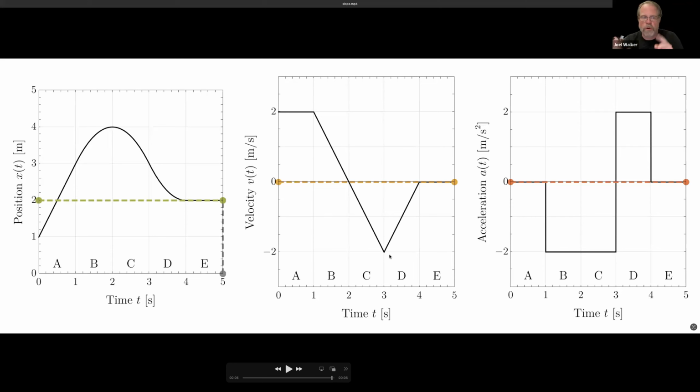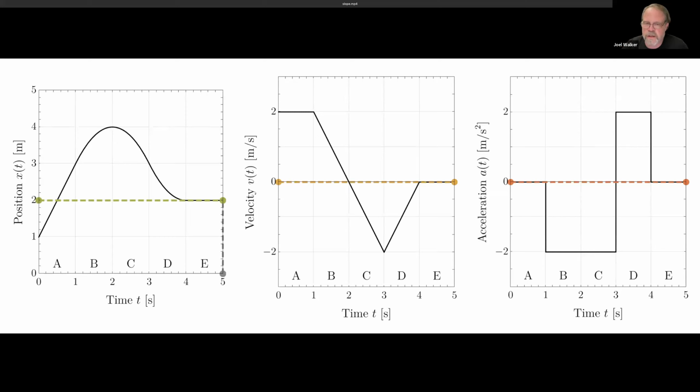If you're moving forward, as you were in segment B, a positive value of the velocity, forward motion with a negative acceleration means slowing down. In segment C, we're moving backward, a negative value of the velocity. Backward motion with backward acceleration means speeding up. If you're doing more of the thing you're already doing, you're speeding up.